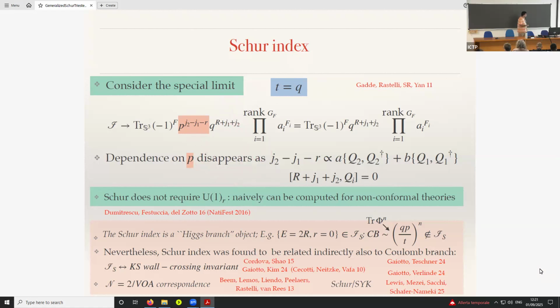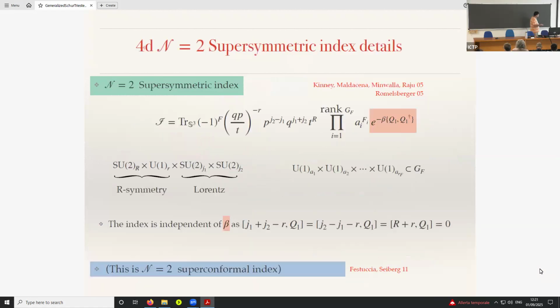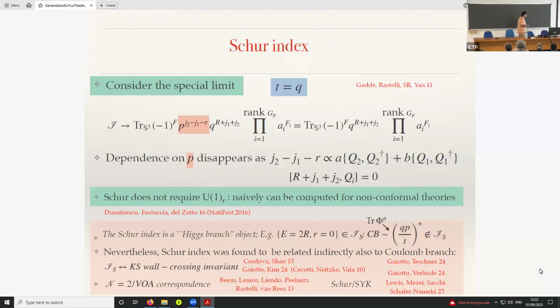And this parameter P can be viewed in a similar way as this parameter beta appearing here. It will be just coupling to some anticommutator of two supercharges. And then by the usual Witten index logic, the dependence on this parameter P just disappears from the index. So this is one nice property of the Schur index, which will be important. It is a more supersymmetric object than the usual index.